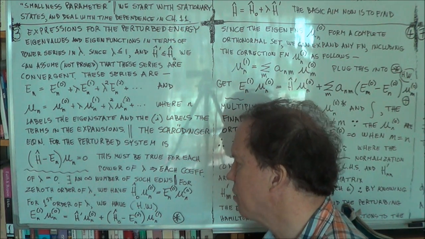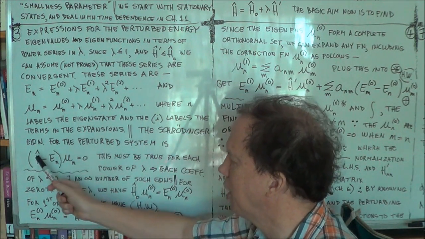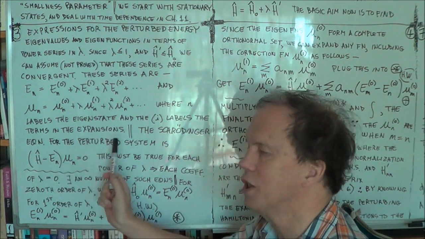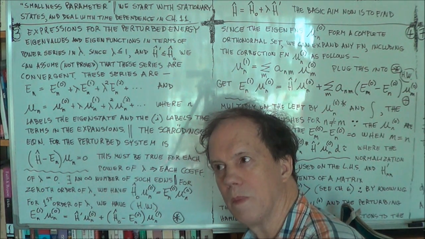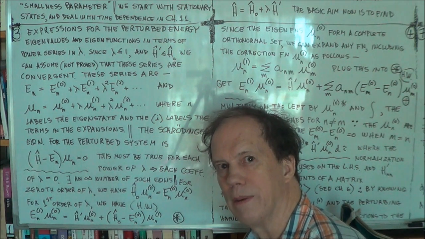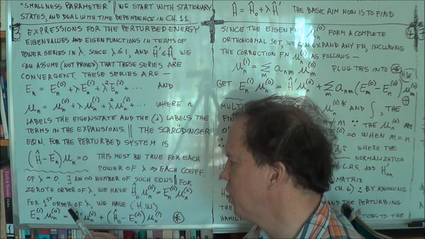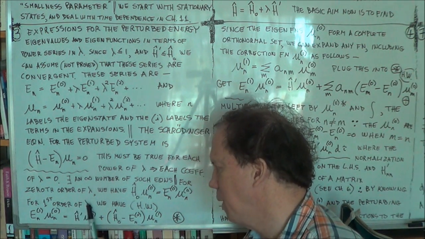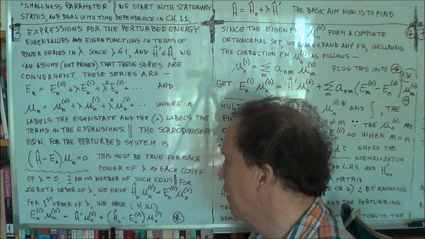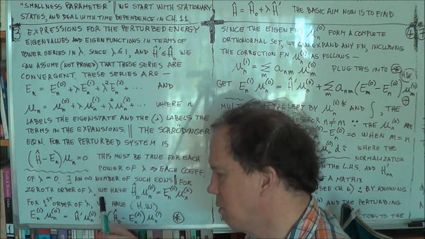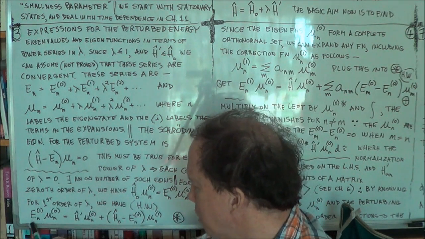Now for the first order in lambda, you plug the modified Hamiltonian into this general eigenequation. You get an expansion in terms of powers of lambda. Then you look at the coefficient of lambda to the first power, and you set that coefficient to 0, because all the coefficients have to be 0, and you will get this.